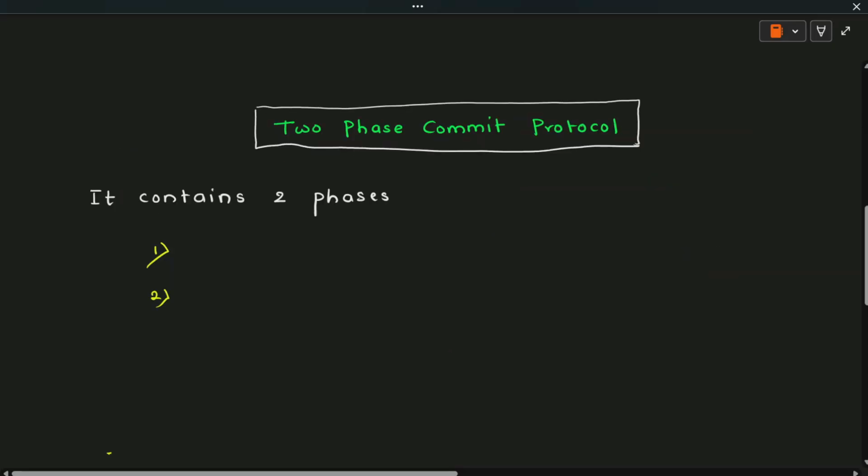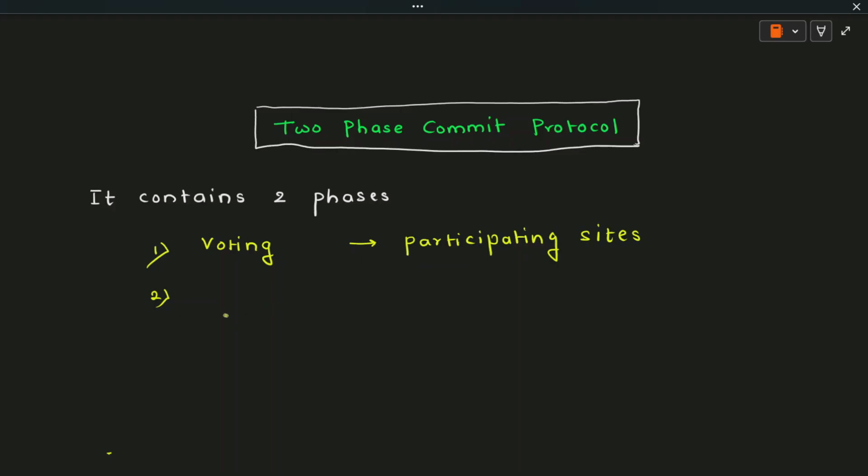Now let's go into the details of two-phase commit protocol. This protocol contains two phases, so that's why the name is two-phase commit protocol. The first phase is called the voting phase. This phase is normally utilized by the participating sites. And the second phase is called the decision phase.